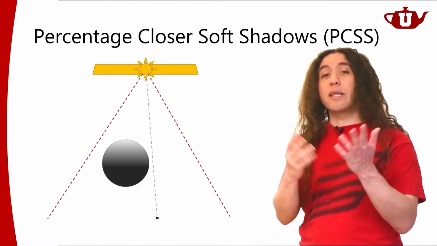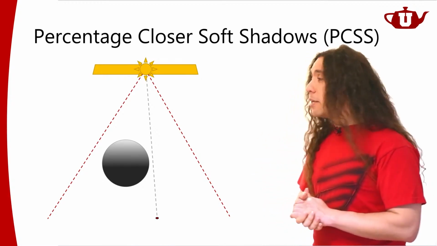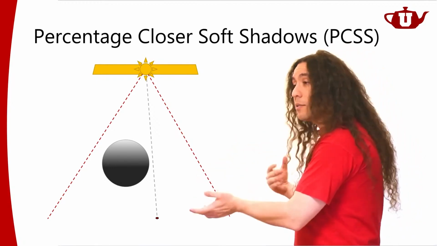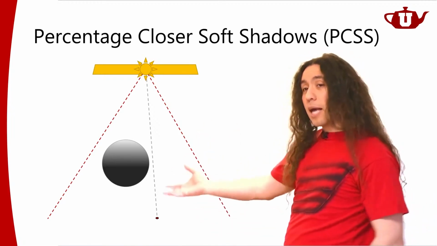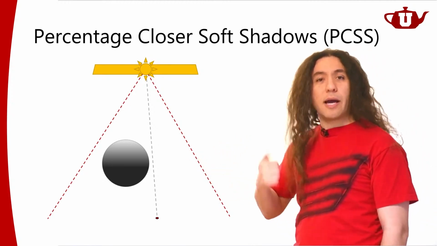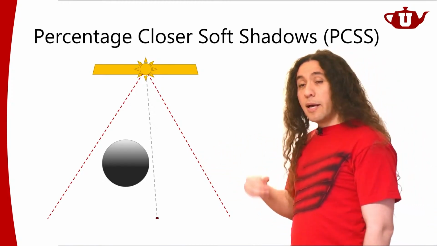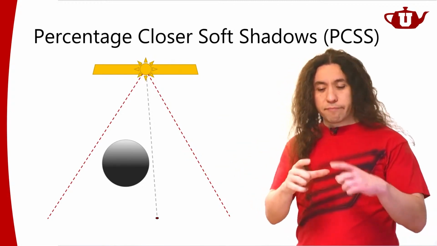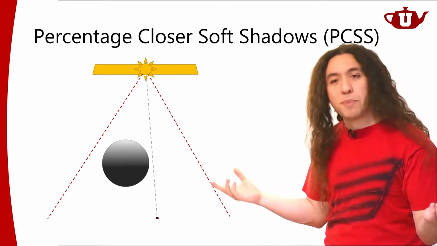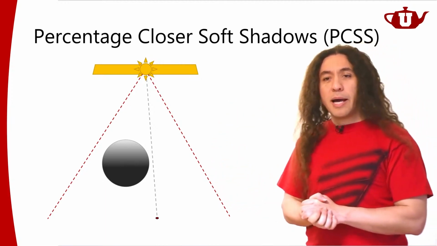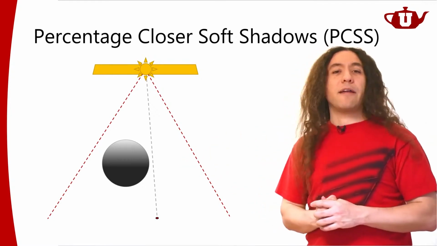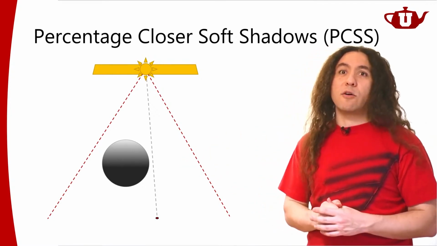Are there any occluders within this radius? If there are, I'm going to figure out whether these occluders are actually casting any shadows, and if they are, I'm going to say, okay, I found an occluder at this distance. I'm going to look at a user-defined region, let's say a 15 by 15 pixel region inside the shadow map. I'm going to look at all of these depth values, or randomly pick some of them, and find if I can see an occluder.